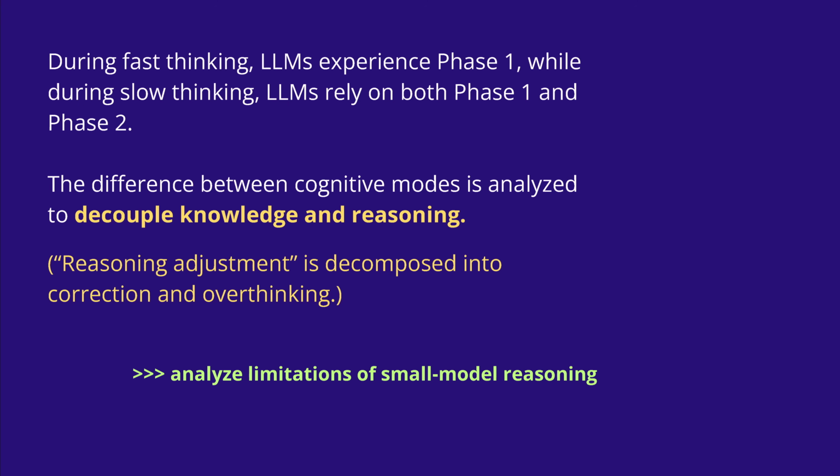So you have a correction force here, but you also have an overthinking that kind of destroys the performance. But this overthinking is so much more dominant in small model reasoning, which would give us an idea how to optimize those small models, especially on the overthinking problem that I was not aware of at all.